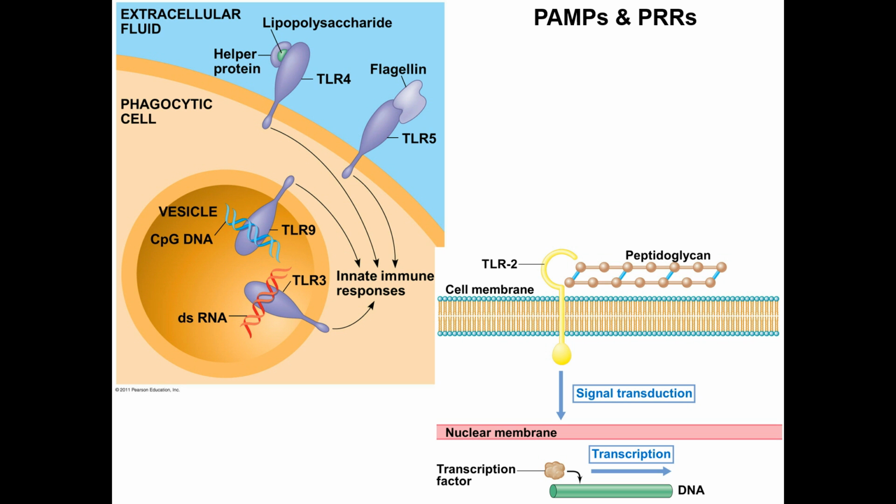Toll-like receptor 4 binds to LPS, toll-like receptor 5 binds to flagellin, toll-like receptor 2 binds to peptidoglycan. So they're very specific pathogen recognition receptors. They recognize very particular molecular structures.